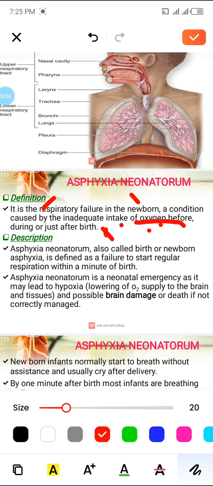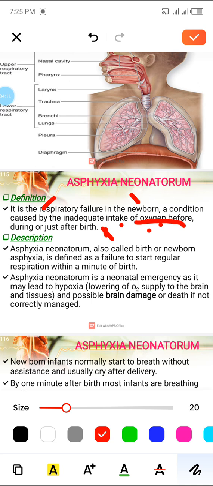But at least you need to know that it's failure for a newborn to breathe, and it can be before, during, or after birth. It can be caused by inadequate intake of oxygen. Oxygen helps the tissues to combine with glucose and then produce energy. That's what oxygen is used for in the body. Then what if oxygen is lacking in the body?